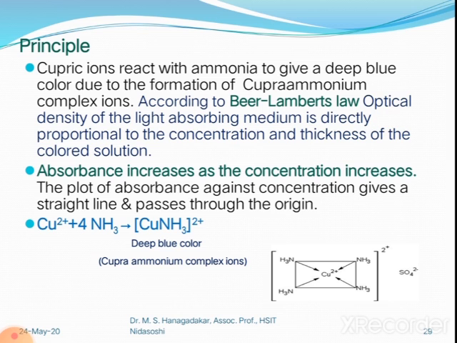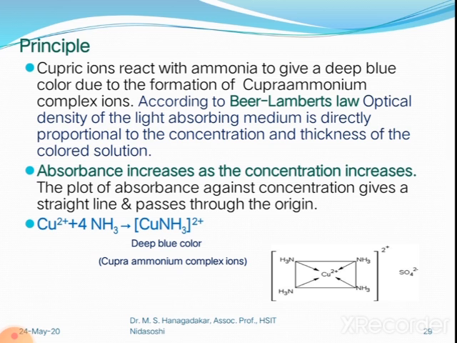According to the Beer-Lambert law, the optical density of a light absorbing medium is directly proportional to the concentration and thickness of the colored solution. It means as the absorbance increases, concentration also increases, or vice versa. The plot of absorbance against concentration gives a straight line passing through the origin. This is the verification of the Beer-Lambert law.